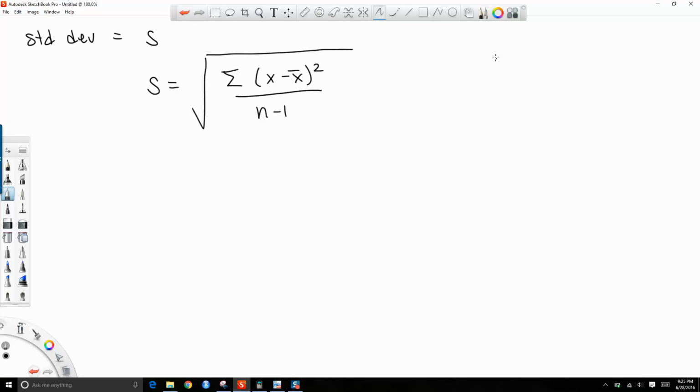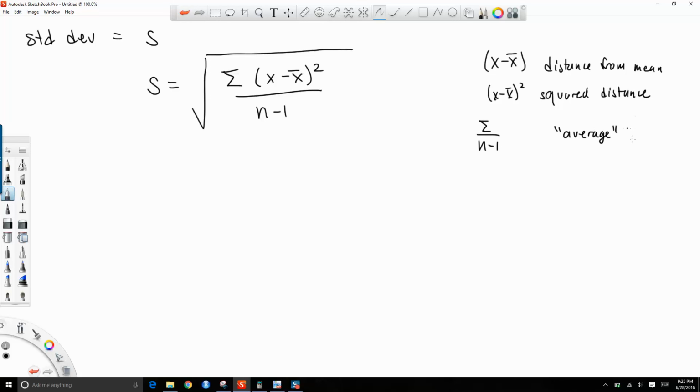So we see x minus x bar, this is distance from the mean. Okay, and if we square that, this becomes the squared distance from the mean. And then when we add those up and divide by n minus 1, that becomes the average squared distance.